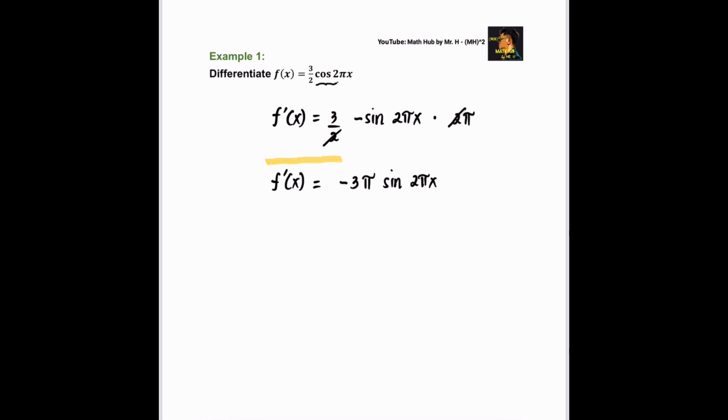That is the answer. You have to remember: find the derivative of the outside, copy the angle, and get the derivative of the inside. Alright, so let's head on to example number 2.